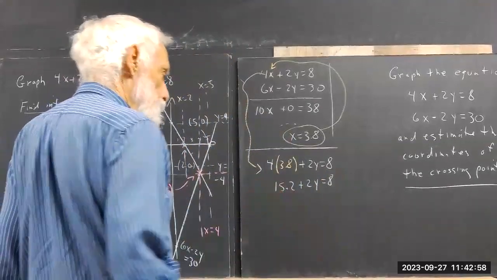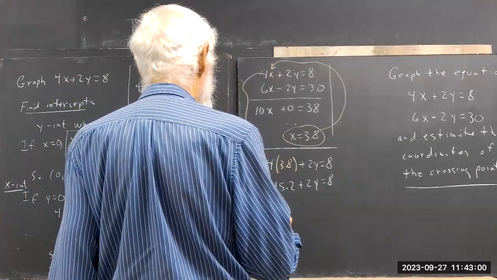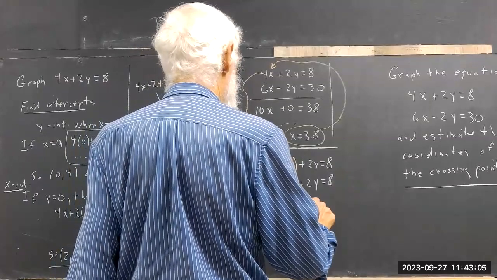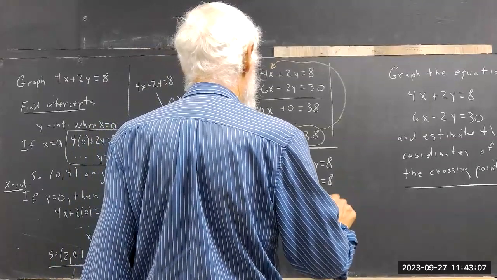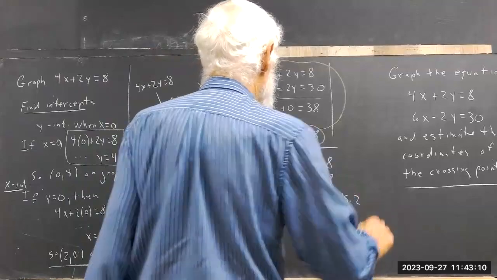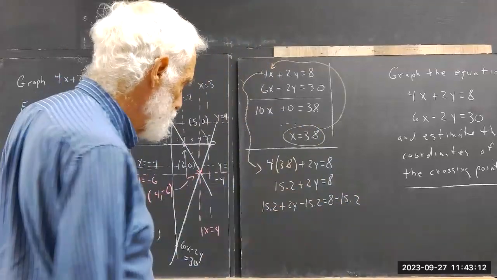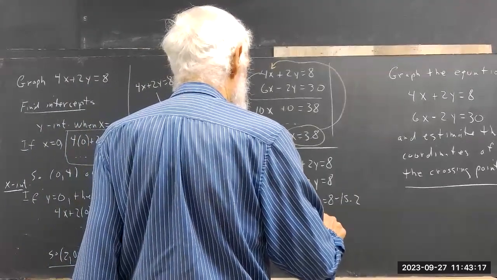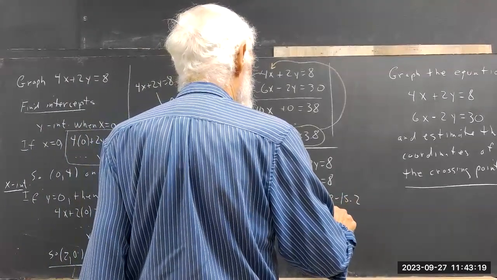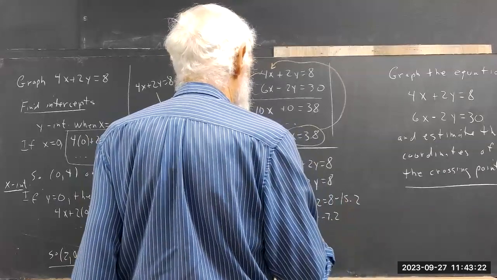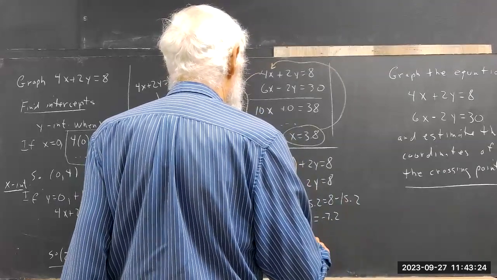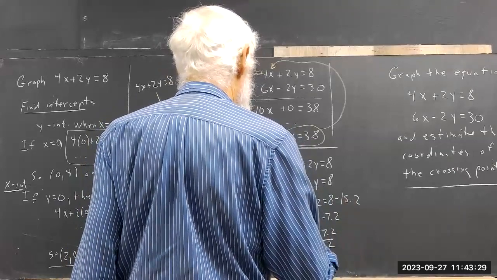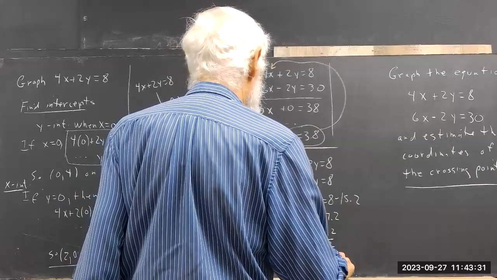Then we subtract 15.2 from both sides. And we get this. And 15.2 minus 15.2 is 0, so we get 2y. 8 minus 15.2 is negative 7.2. So that 2y divided by 2 equals negative 7.2 divided by 2. And that gives us y equals negative 3.6.